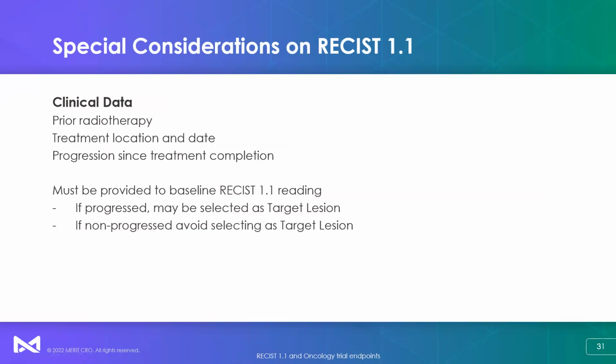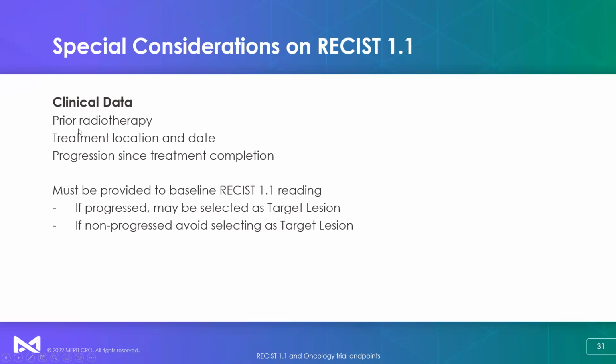And some other special considerations on RECIST 1.1 would be the utilization of clinical data. One of the important clinical data at the baseline is the prior radiotherapy information, the treatment location and date, and whether progression has occurred since that treatment has been completed. This is important since this information dictates if those treated lesions should go under the target lesions or not.